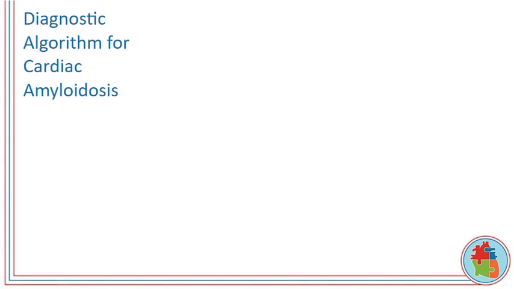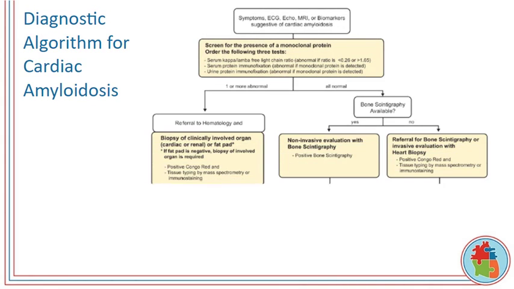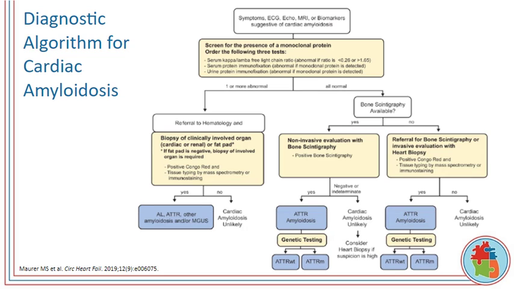In terms of the diagnostic algorithm, this is quite complex, and this algorithm is quite good in terms of simplifying it. But the two boxes in red are to be emphasized. Number one, whenever you're suspicious of amyloidosis, you really need to screen for the presence of a monoclonal protein by ordering certain tests that are highlighted here.